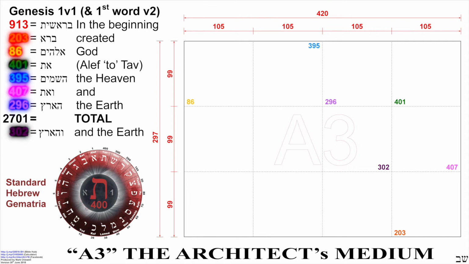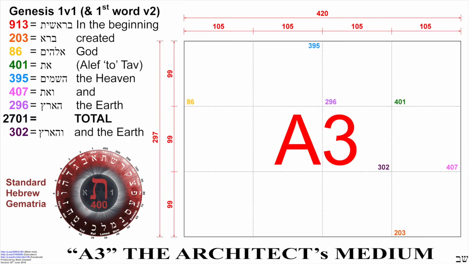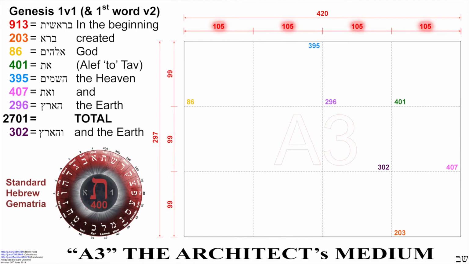Each of these numbers, which are the first 8 words in Genesis chapter 1, excluding the first word, can be located onto the A3 sheet in accordance with the divisions that I explained earlier, the 105 quarters and the 99 thirds.